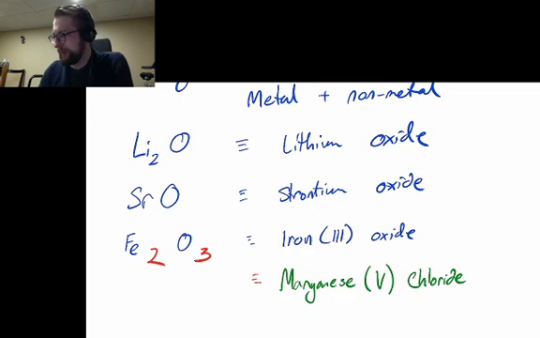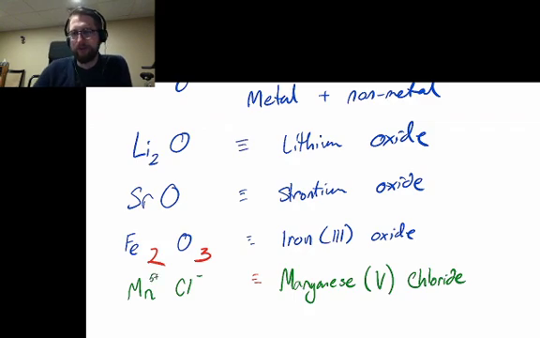So manganese 5 chloride. This is one that we don't even have on our periodic table, but we can take the manganese, and we know what chloride is, Cl. And so there's a minus, and there's a 5+. So we can do a little crossing, and we can get an MnCl5.